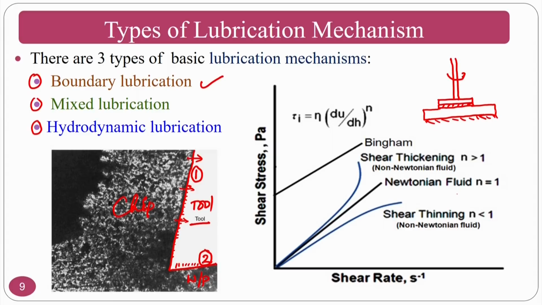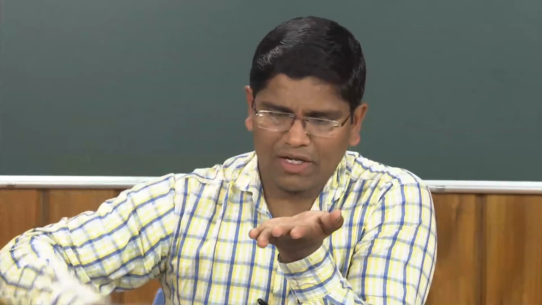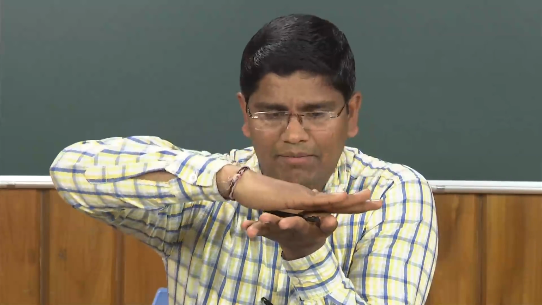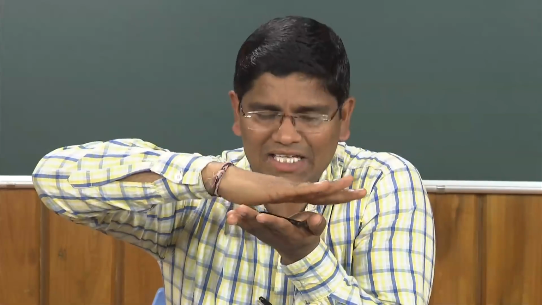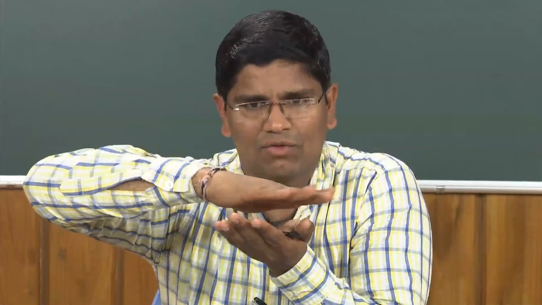So this is a fixed bottom plate. I am putting a fluid in between and I am rotating the top plate. What will happen? I have a fixed bottom plate. In between I am putting my fluid, whatever the fluid, and I am rotating the top plate. As the shear rate increases, what will happen?